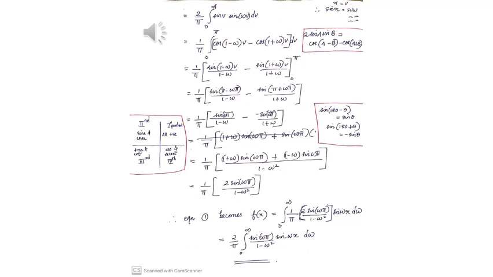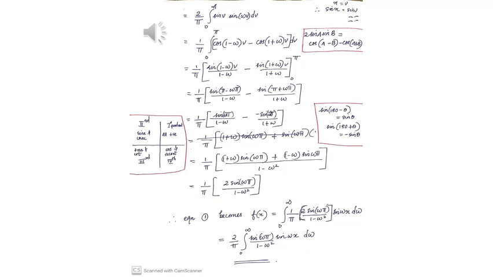That means in the sixth step, you can open the brackets. That is, 1 plus omega gives sine omega pi plus omega sine omega pi, plus sine omega pi minus omega sine omega pi. So the opposite terms get cancelled. So the final answer is 1 by pi into 2 sine omega pi divided by 1 minus omega square.